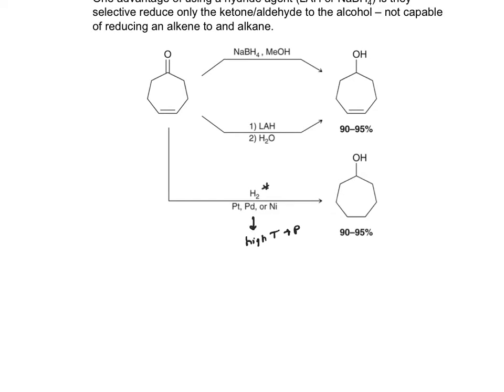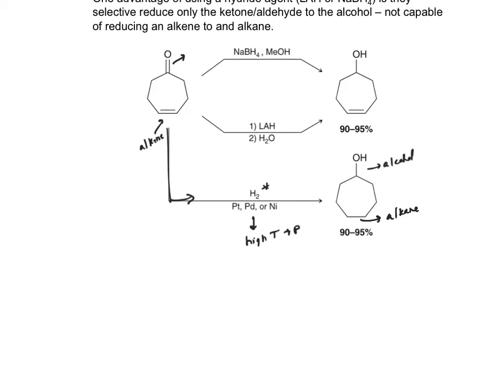Another reason why you would maybe choose not to do that is because it can also undergo reduction of an alkene to an alkane. So let's say that you had a ketone that also had an alkene in it. If you tried to reduce this guy to the alcohol using catalytic hydrogenation, it would also reduce that alkene to an alkane, right?